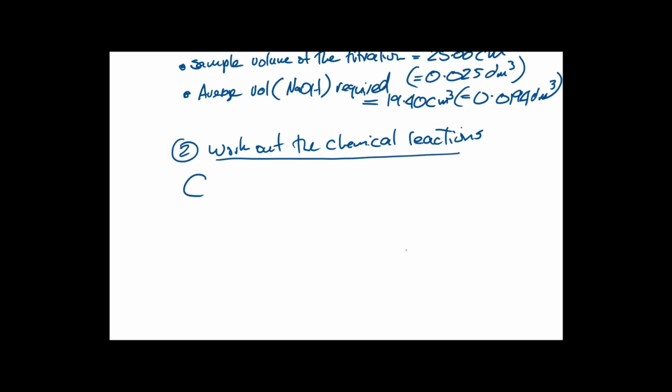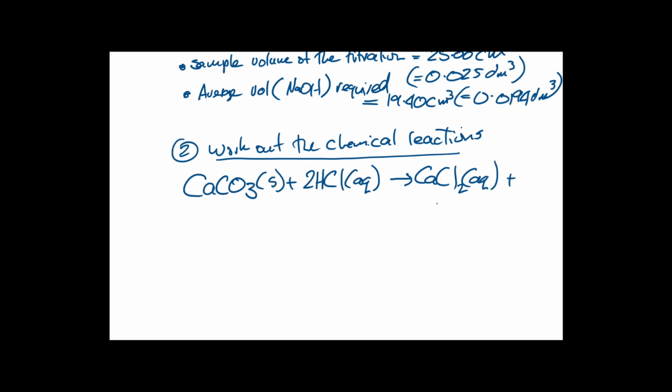So the chemical reactions: we've got the calcium carbonate, which is a solid, plus 2HCl, which is in water, and that's going to give calcium dichloride, also in water, plus H2O, which is water, plus CO2 gas. And we can even say this is in excess.